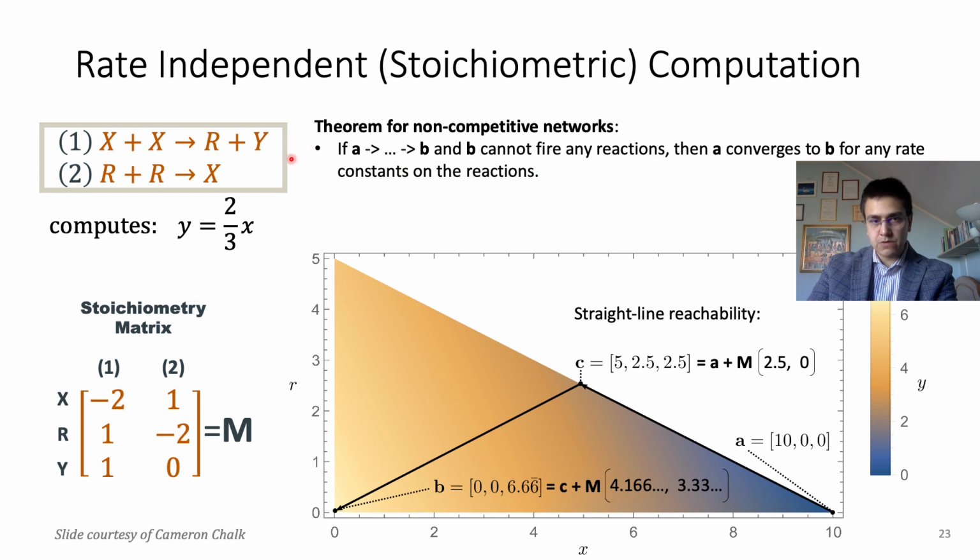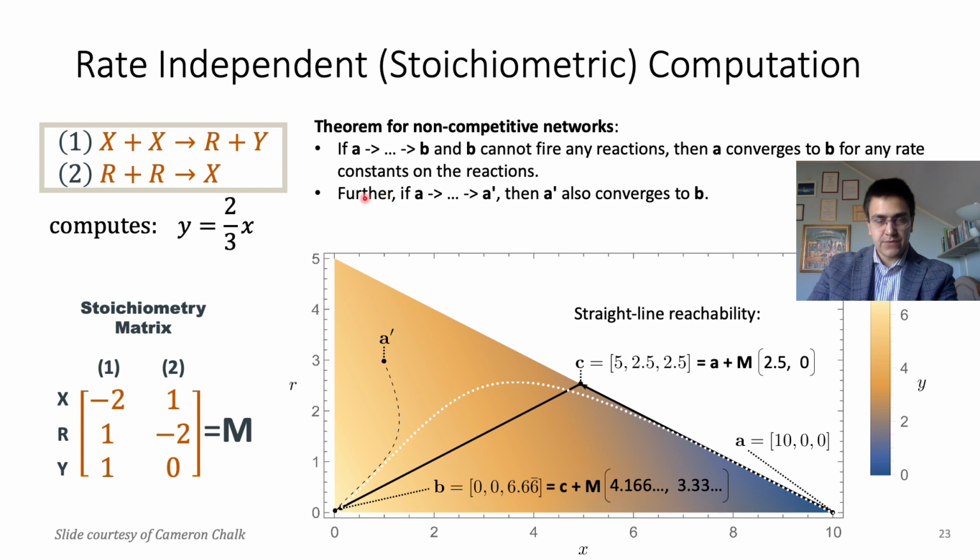No matter at what rates these reactions occur, state B will be reached. This is the path that mass action kinetics would take. You see that it will also reach state B. Furthermore, we prove that if there is a path from state A to some state A prime, then this A prime also converges to B.